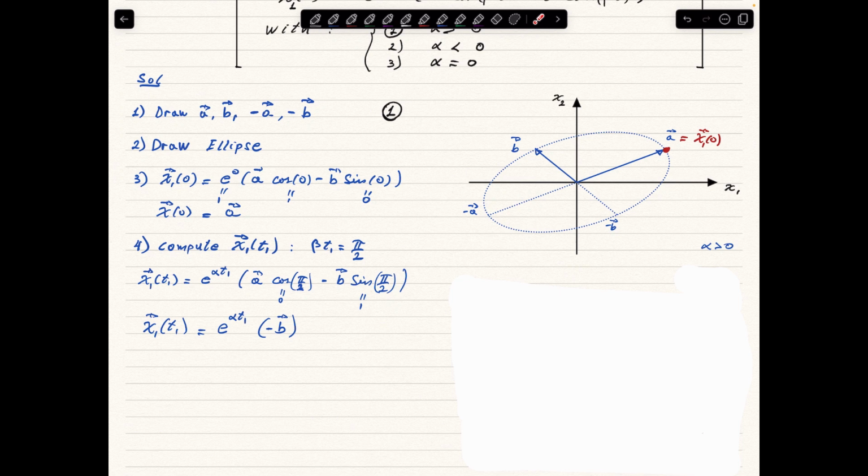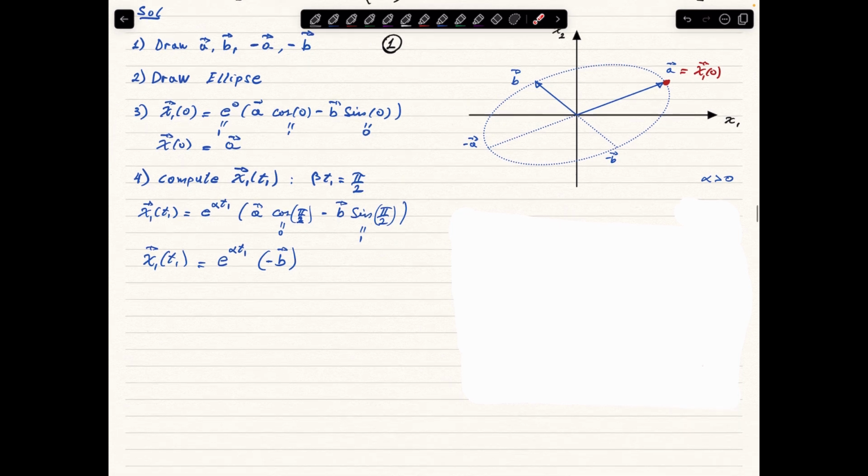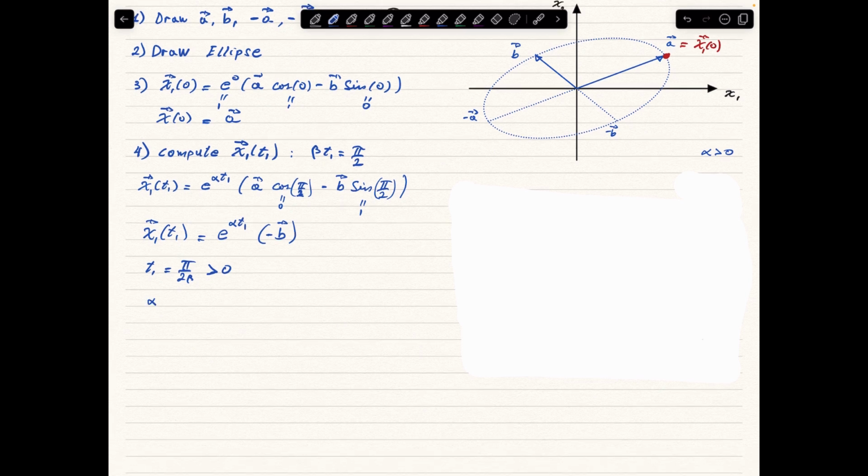The only thing we need to realize is that, first of all, t1 is pi over 2 beta, isn't it? But this is positive, so the important thing for us is that t1 is positive. Okay, so then when alpha is positive, which is the case we are graphing right now, what is going to happen?